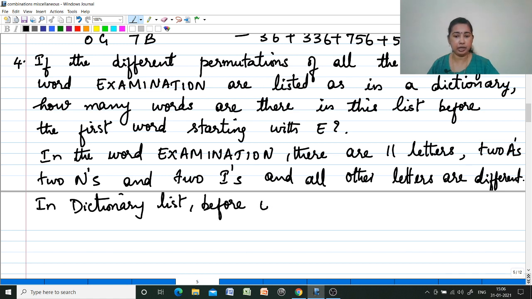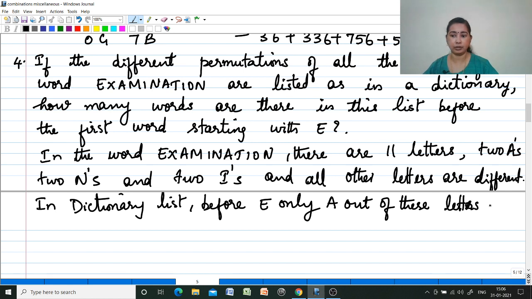Before E, only A out of these letters can come. So we can fix A as the first letter.